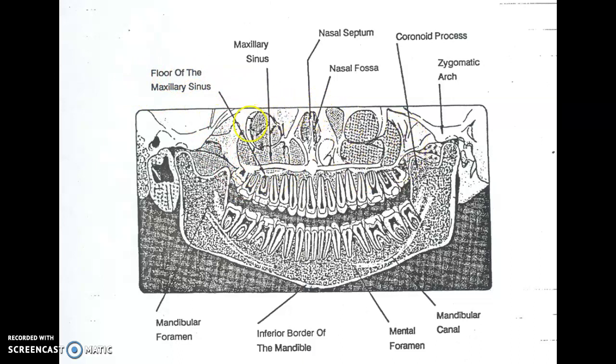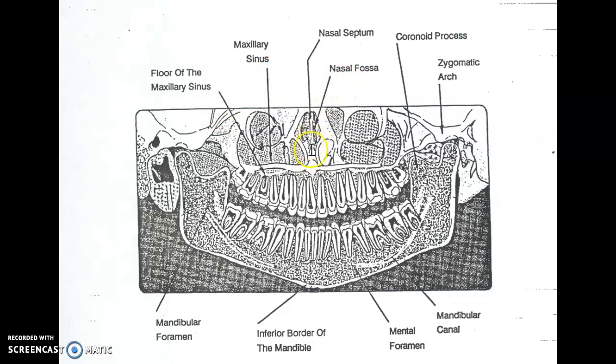This is all actually maxillary sinus here. So you've got different lobes or different sections, and each of those has a wall and floor and just different parts that would be radiopaque, and each one has a body that would be radiolucent. Okay, so those are your floor of the sinus and your maxillary sinus.